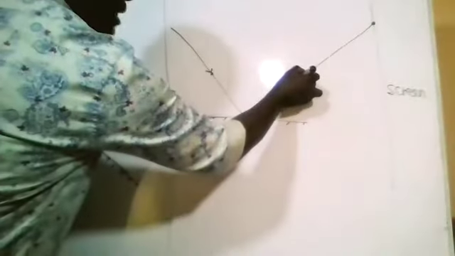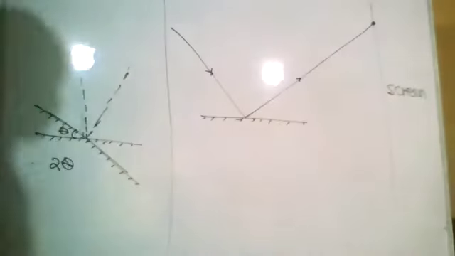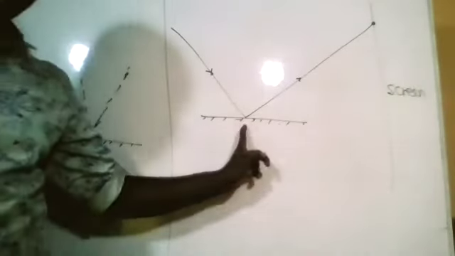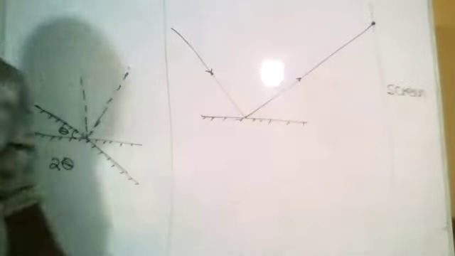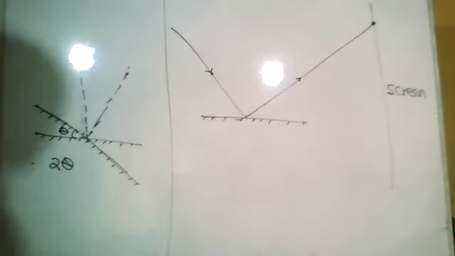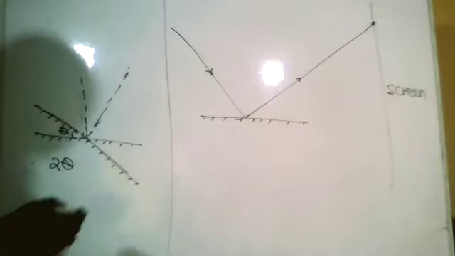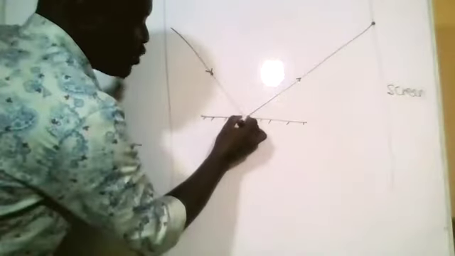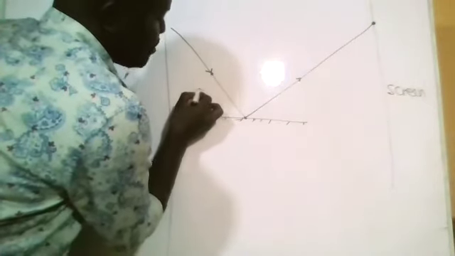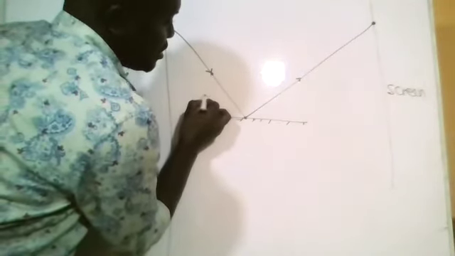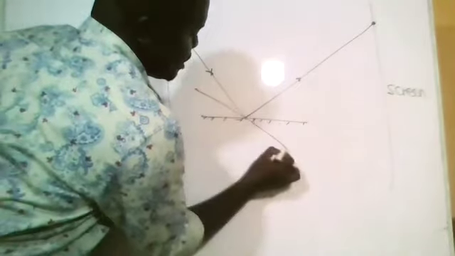So this is a reflected ray when the mirror is not rotated. Incident, reflected. Then you can also be told that when the mirror is rotated through an angle theta, it forms another spot on the screen.